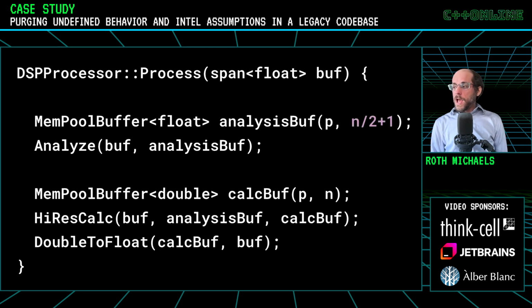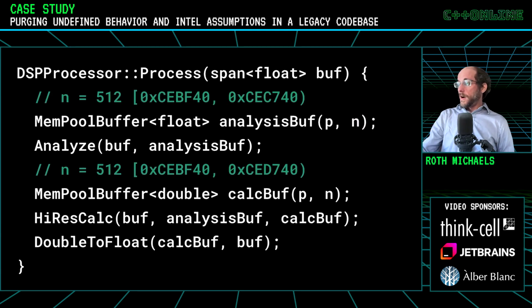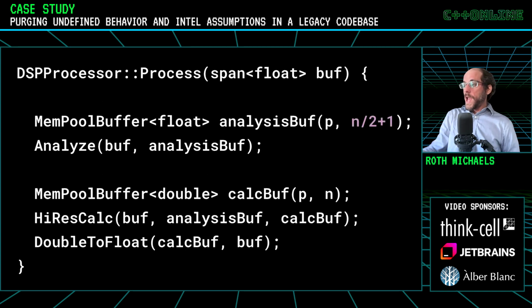But now what happens, let's say we were doing some kind of analysis, like a short-term Fourier analysis, and we're doing it in the real domain. You don't need to worry about what that means, but it means you end up in situations where your analysis buffer, instead of being n, the same size as your actual buffer, would be n over 2 plus 1 in this case.